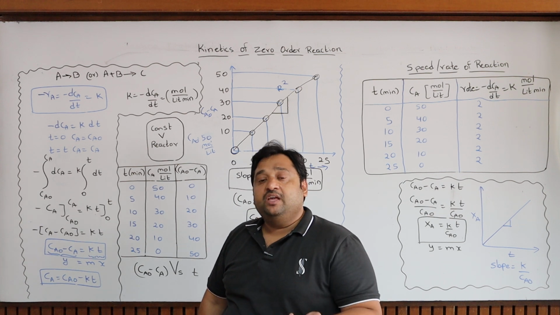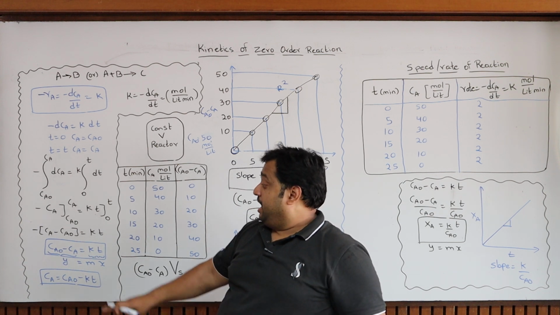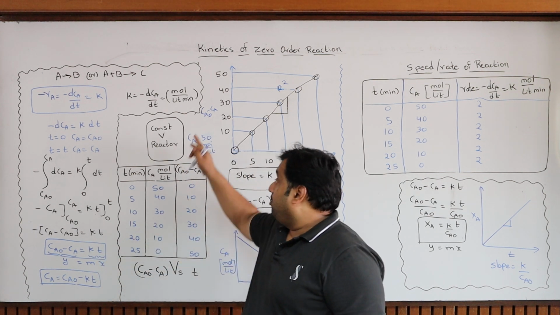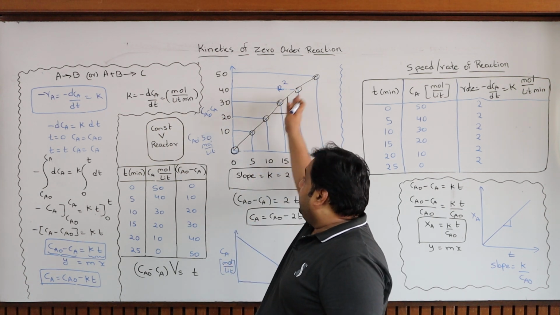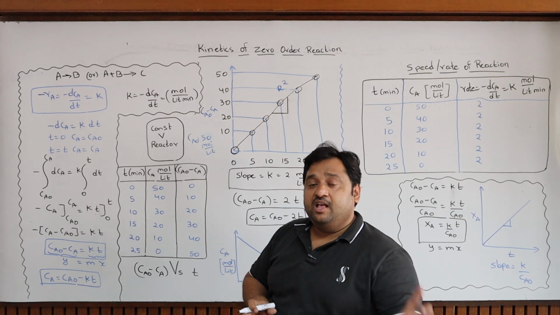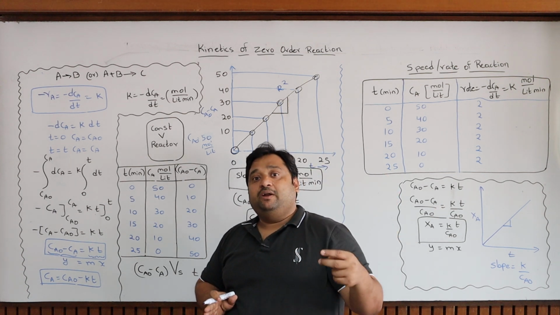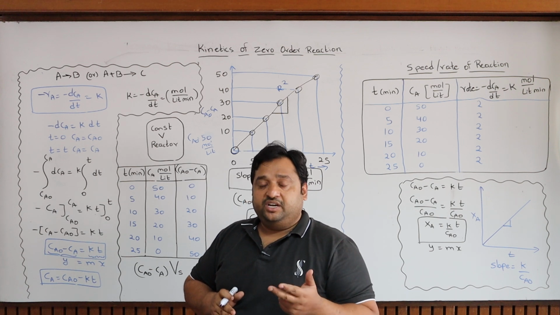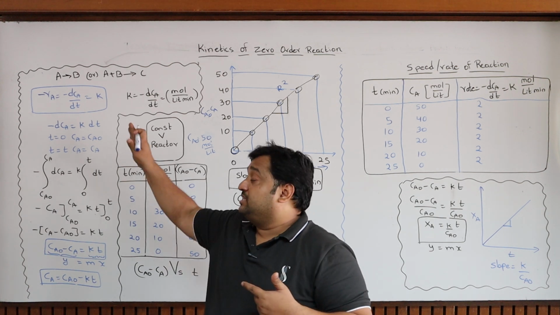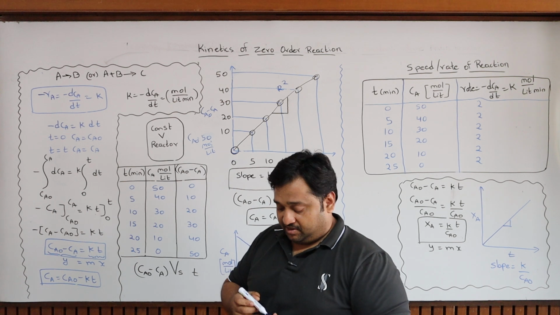We have to assume some other order and plot the final equation on the graph and see whether the points are lying on the line or not. As long as the R square value between the experimental values and the line is not sufficient, we have to redo this exercise again and again.